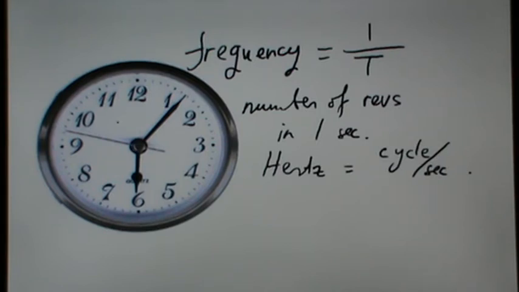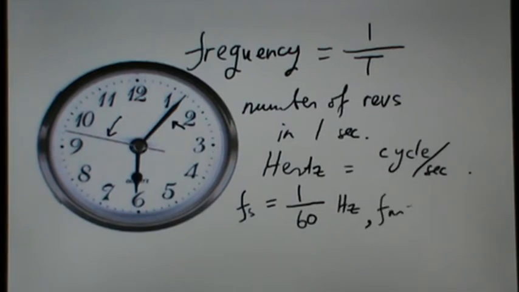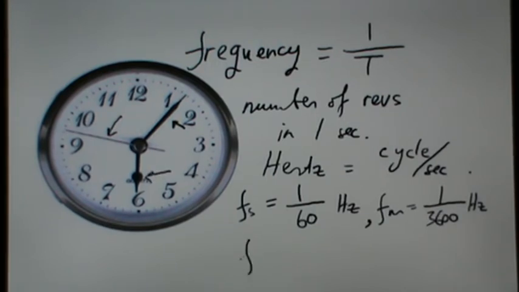Therefore, the frequency of the second hand, let's call it Fs, will be 1/60 Hertz, and the frequency of the minute hand will be 1/3600 Hertz, and then the frequency of the hour hand will be 1/43,200 Hertz.